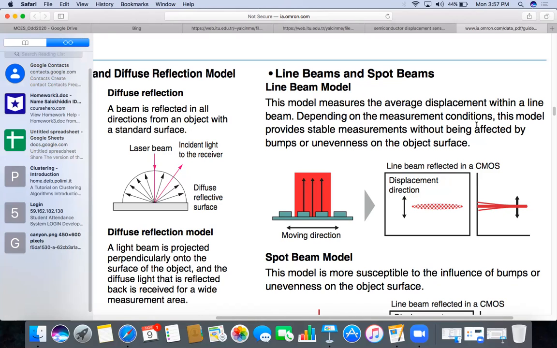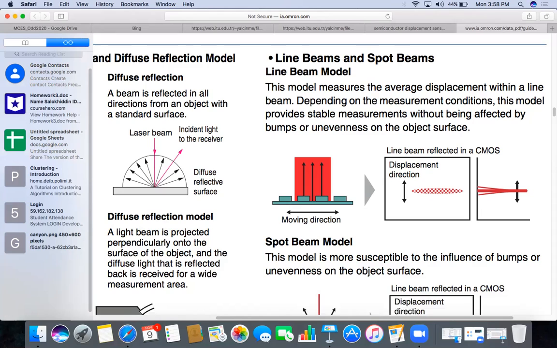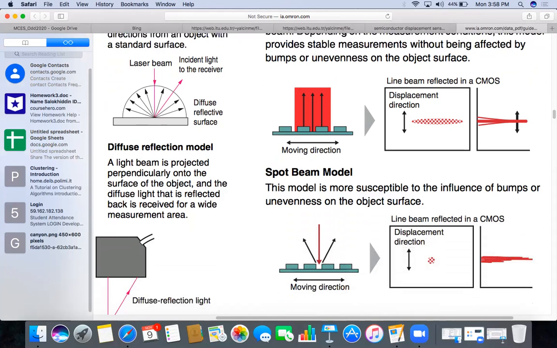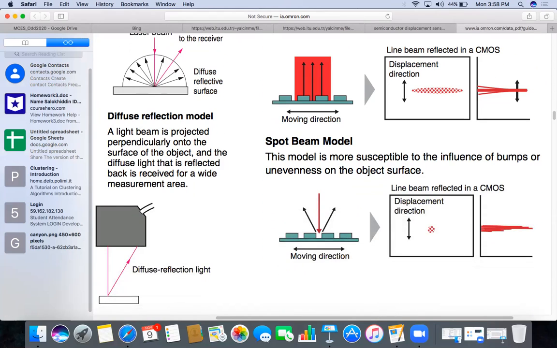Moving direction: line beam reflected in a CMOS, the displacement direction is shown there. Spot beam model: this model is more susceptible to the influence of bumps or unevenness on the object surface. So this is the moving direction. In the horizontal direction, left and right, it can move, and the displacement direction, up and down, is shown there.